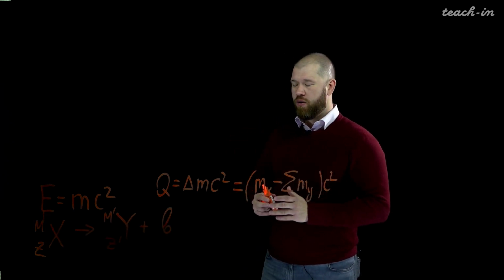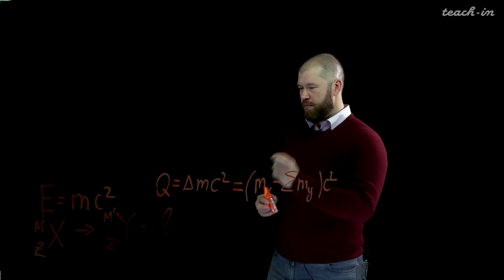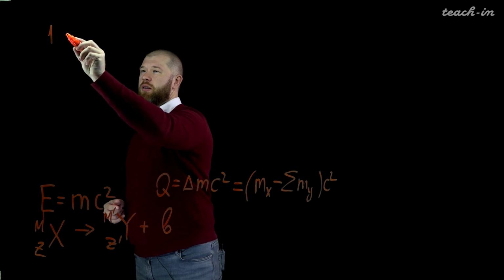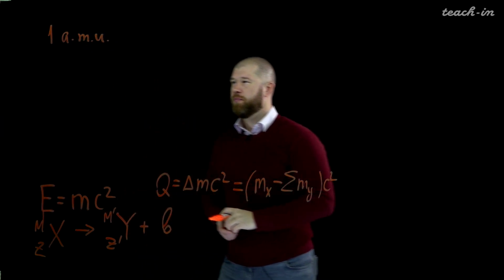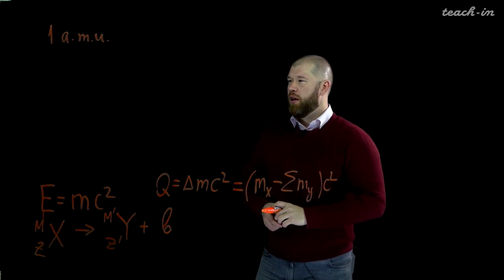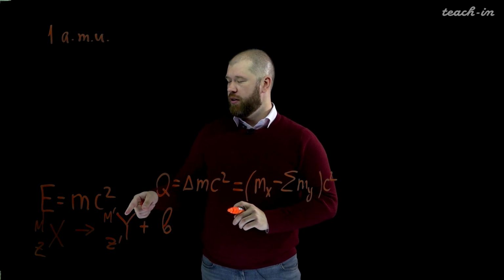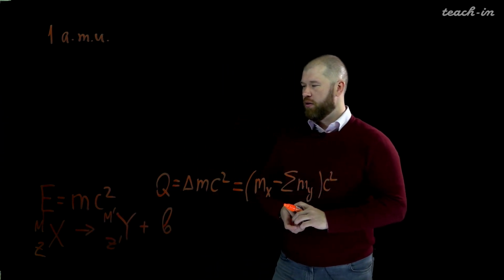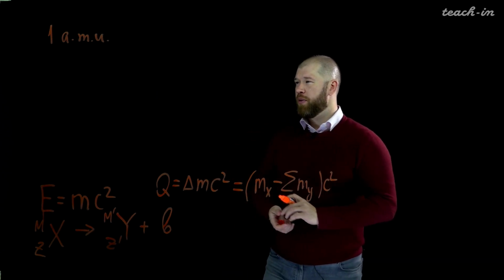And for us, it will be more useful, more convenient to use masses of single atoms expressed in atomic mass units. Okay. And we can calculate what the energy will be related to the mass of one atomic mass unit.